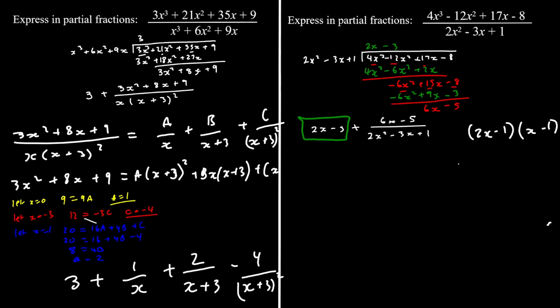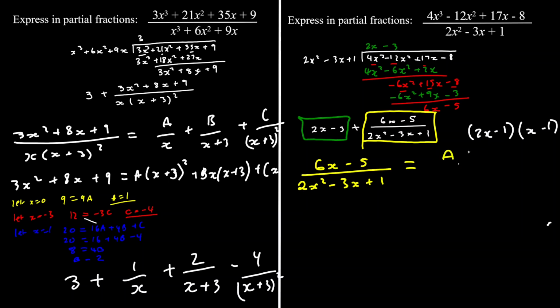We're just going to focus on the partial fractions. This bit. So we're going to say that 6x minus 5 over 2x squared minus 3x plus 1 can be written as A over 2x minus 1 plus B over x minus 1. And I should have really used the factorized denominator, 2x minus 1 times x minus 1.